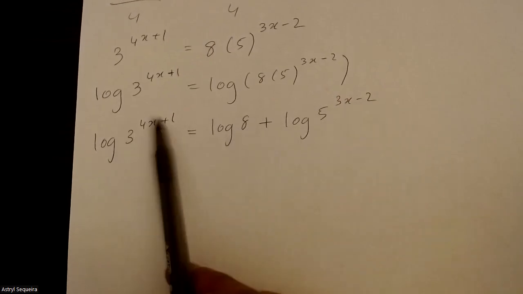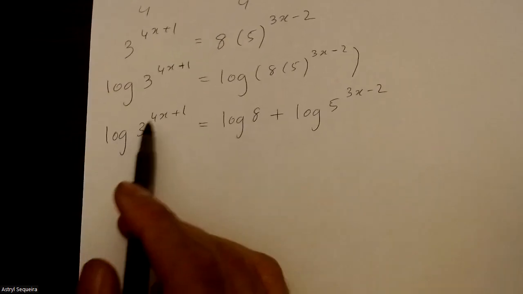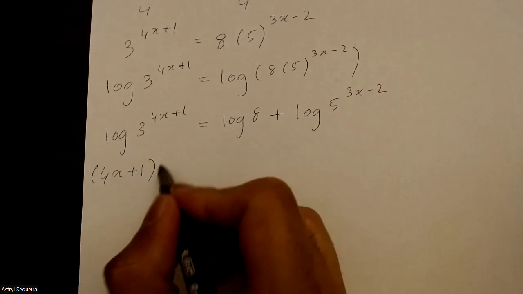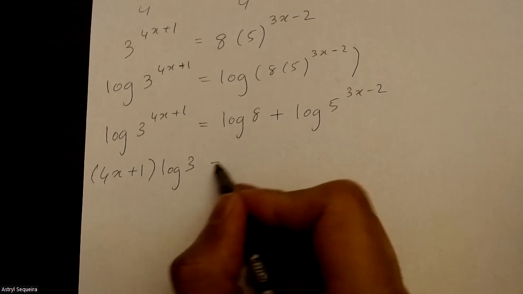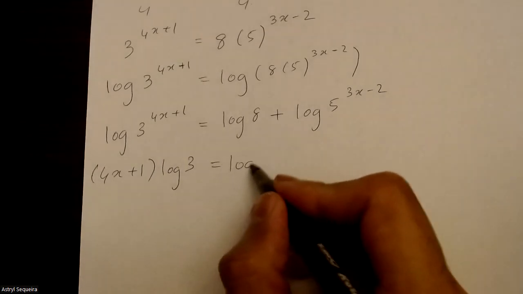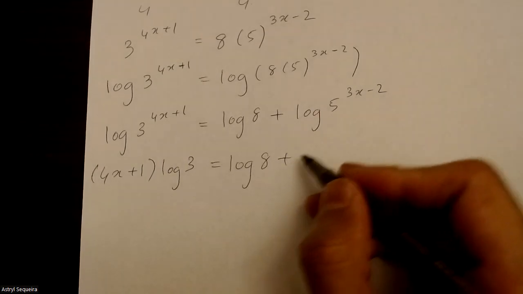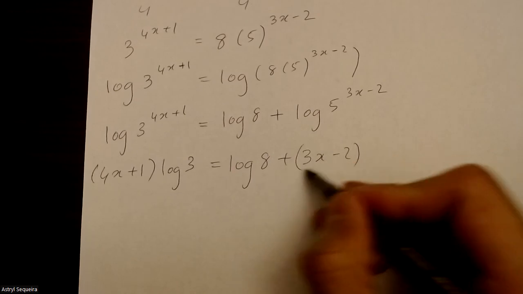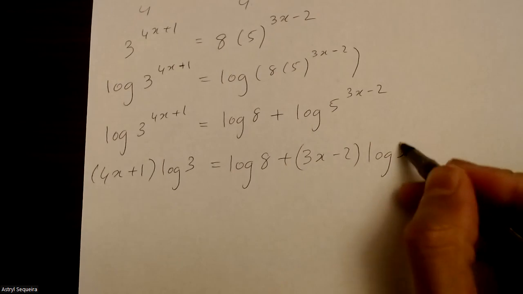Now I can bring down my exponents. So let me bring down the exponent on this side first. So 4x plus 1 times log 3 equals log 8 plus 3x minus 2 times log 5.